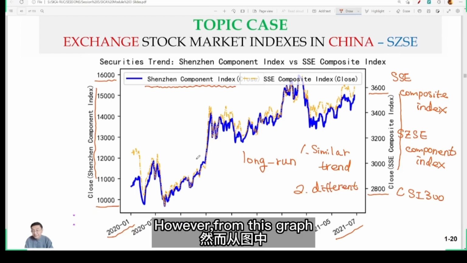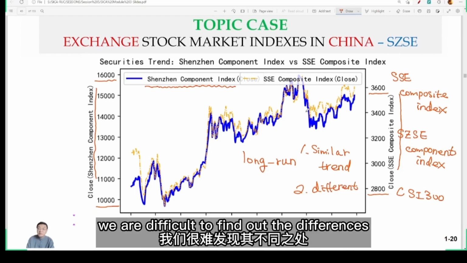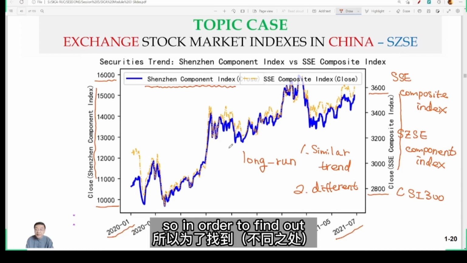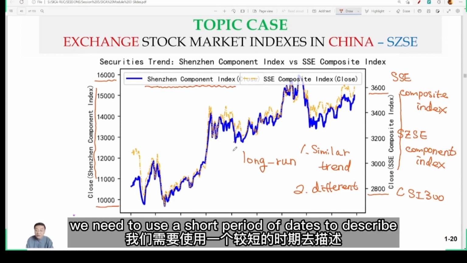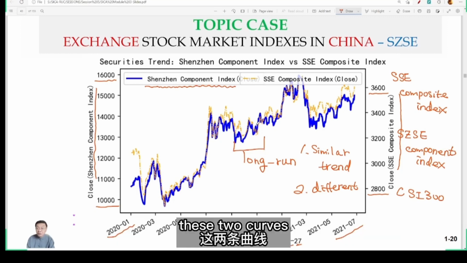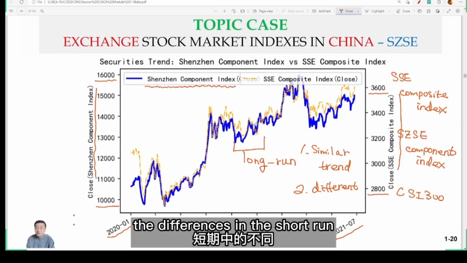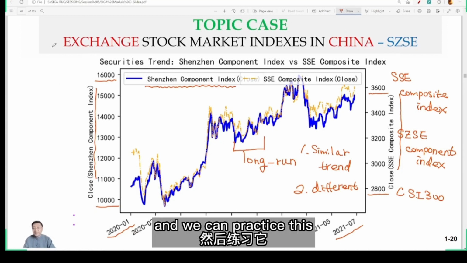However, from this graph, it is difficult to find out the differences between these two indexes in the short run. So in order to find out, we need to use a short period of dates to describe these two curves. In that way, we can find out the differences in the short run. Okay, and we can practice this.